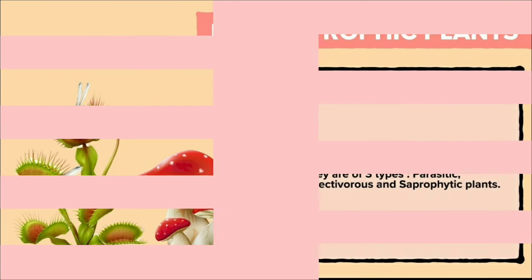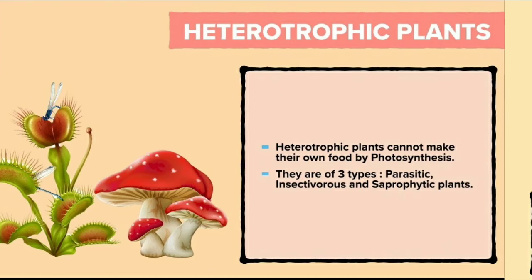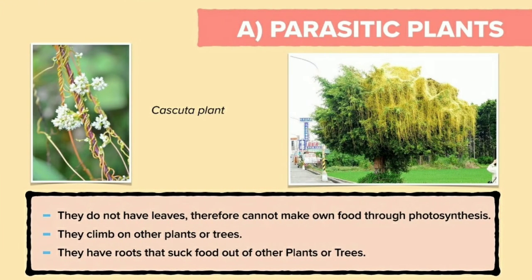Now let's begin with heterotrophic plants. Heterotrophic plants cannot make their own food by photosynthesis since they do not contain chlorophyll. Heterotrophic plants are of three types: parasitic, insectivorous and saprophytic plants. Let us study the first one, that is parasitic plants.